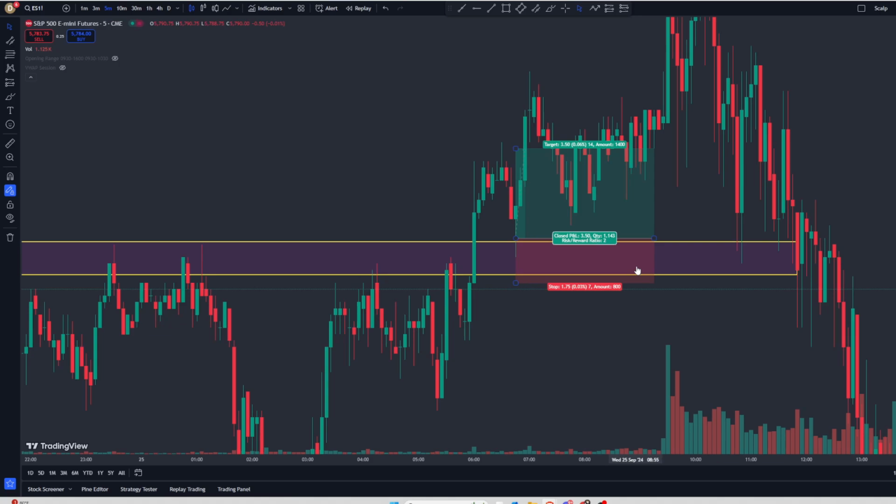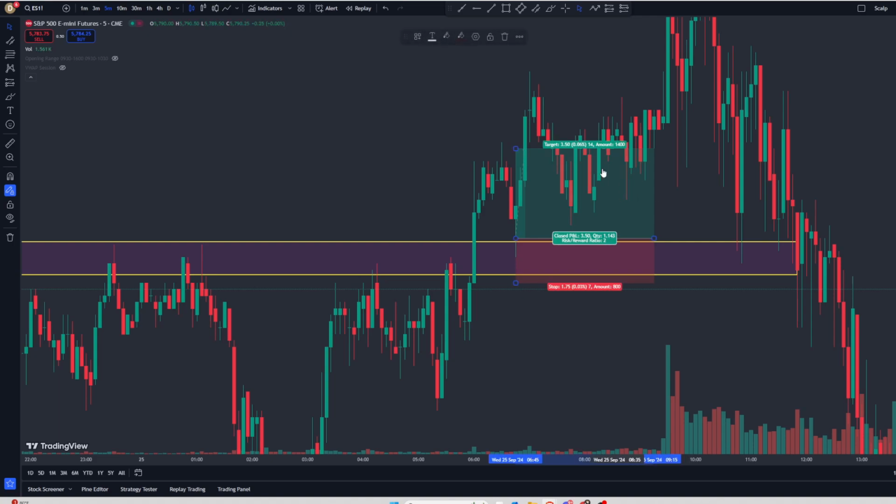So in order to get that 2-to-1 risk to reward ratio, you would have to end up risking more, and you would end up getting more. But it does vary, and that's sometimes a deal breaker for some people.